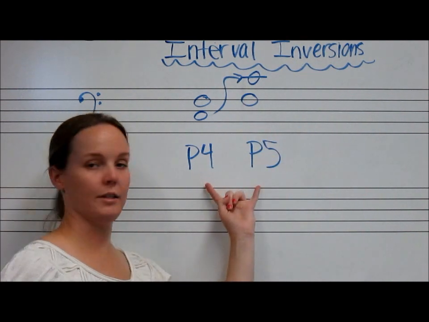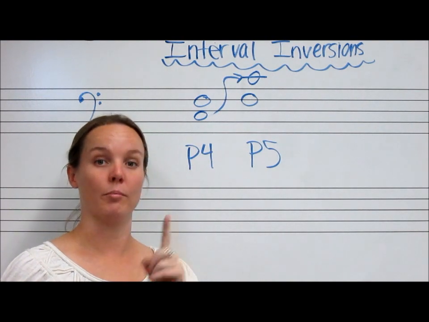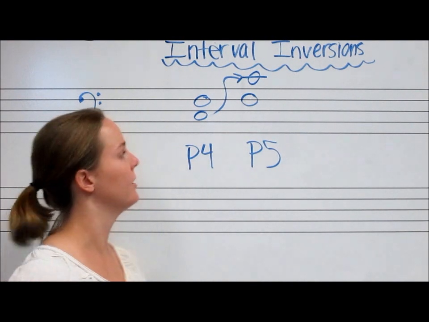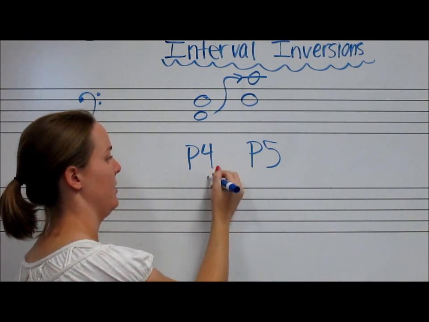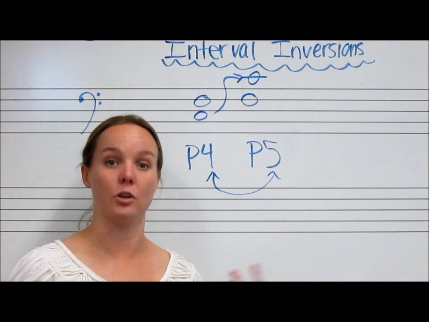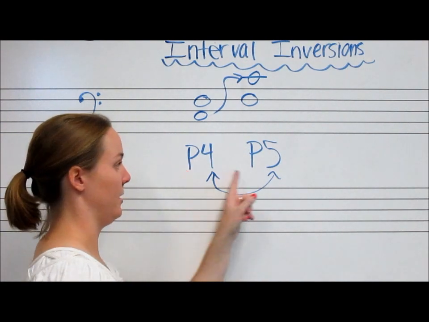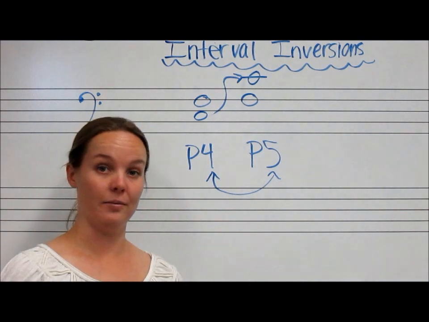So with perfect intervals, the quality does not change. It'll go from perfect, it'll stay perfect. Still though, your quantities will add up to 9. So 4 plus 5 equals 9, you're good to go. So the quality, perfect, doesn't change. Quantities still add up to 9.